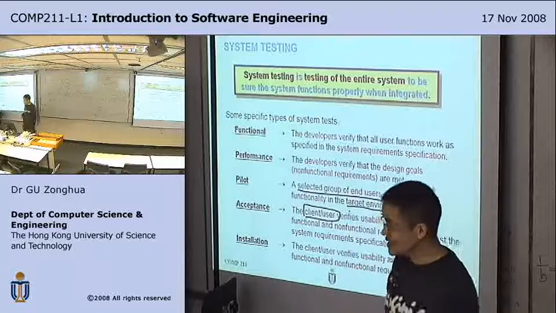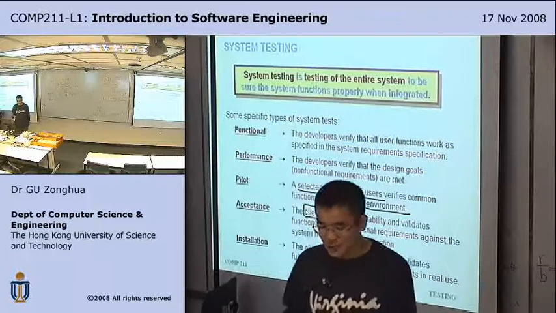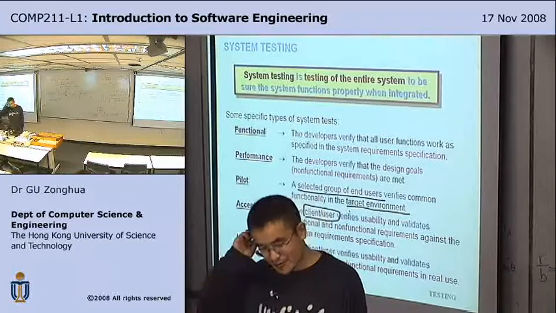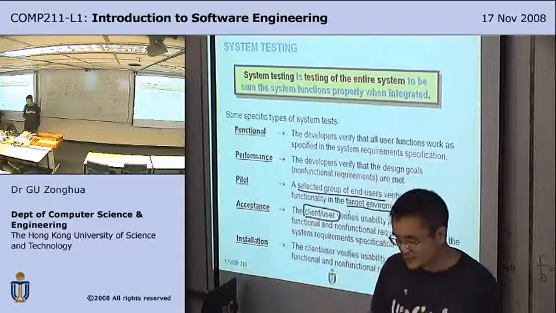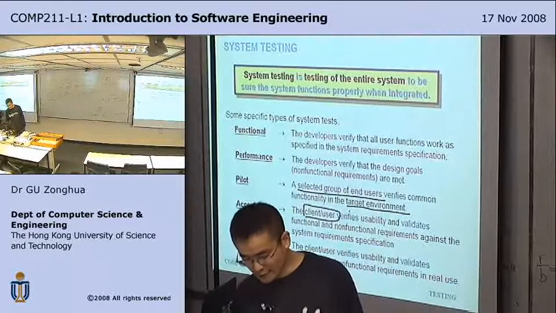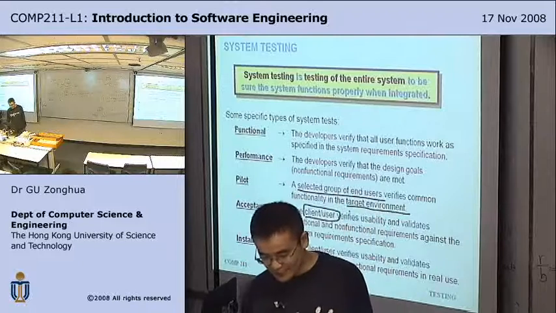It's a black box testing because the clients don't care about your source code. They only care about if your software can do what I asked you to implement. Right? For your system, the TAs never read your source code. They just care about functionalities. And also for your project, we don't do performance testing. So we only do functionality testing.